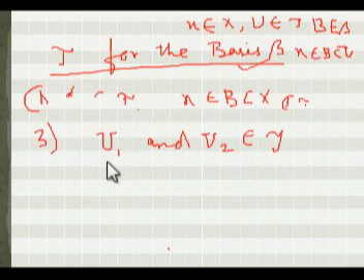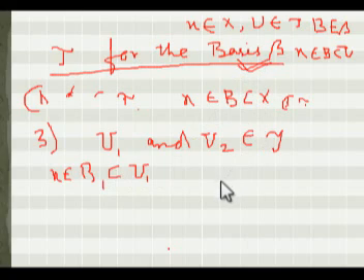By the first axiom of the basis, for a point X we can find a basis element B1 which is a proper subset of U1, and also for the point X we can find a basis element B2 for the open set U2.